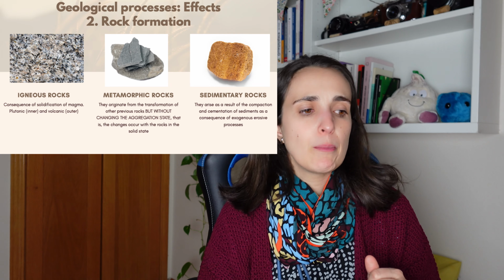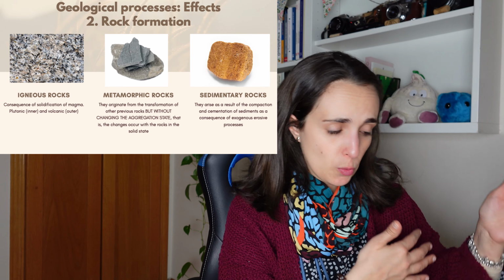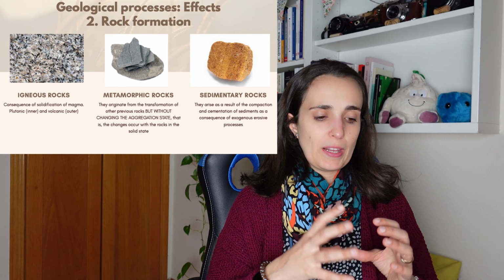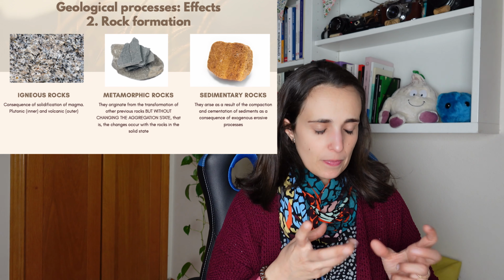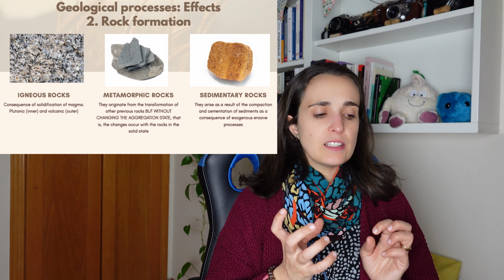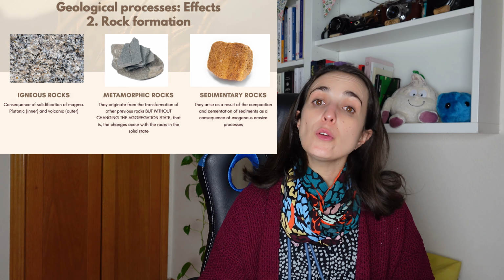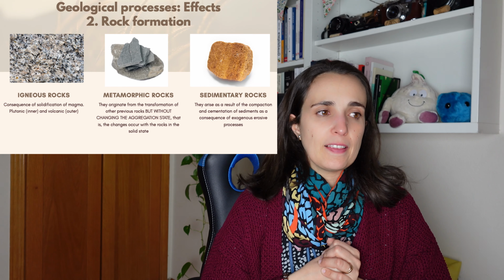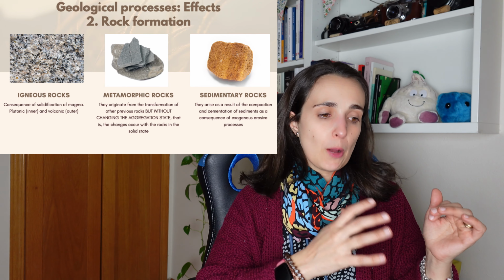With time, maybe the river will change its way or it will get dry, and these rocks will start cementing, and as a result they will form new rocks. These are the sedimentary rocks. And this will always happen on the surface.